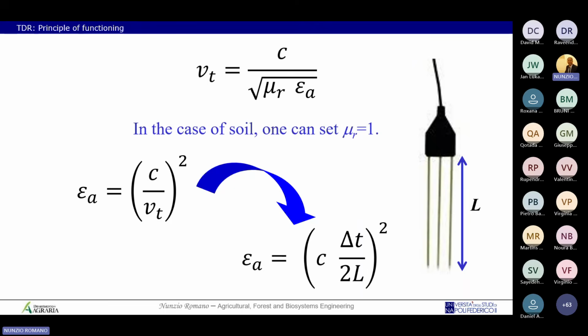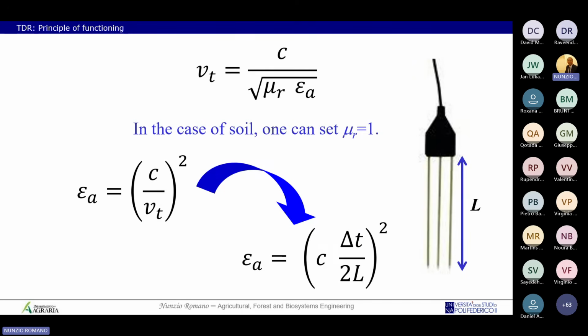So delta t is the travel time, the time that the wave takes from the beginning of the rod to the end, and then to return to the system. This is why you can see at the denominator the constant 2L.